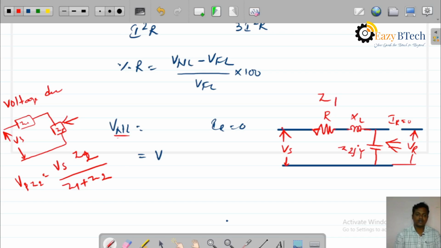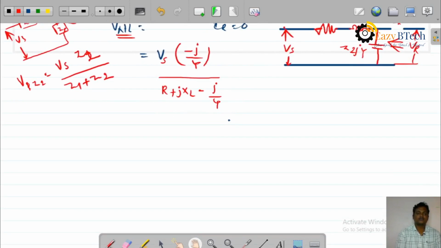Therefore, V no load equals VS into minus J by Y divided by Z1 plus Z2, where Z1 is R plus JXL and Z2 is minus J by Y. If the capacitance is given, replace this Y with omega C in problems.